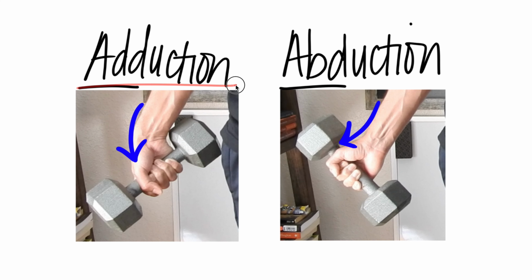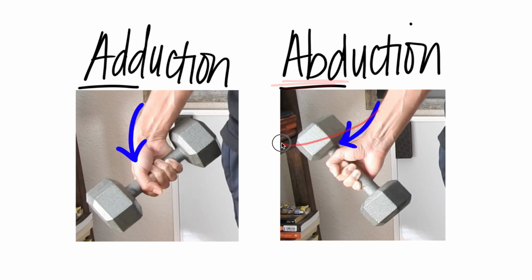So here we have adduction, and that movement is going to look like this. Here we have abduction, and that movement is going to look like this. Now remember, my lateral bone is going to be my radius because it is on my thumb side, and my medial bone is going to be my ulna because it is on my pinky side. Adduction is deviating at the wrist towards the midline, bringing it towards the midline, and it is deviating towards my ulna.